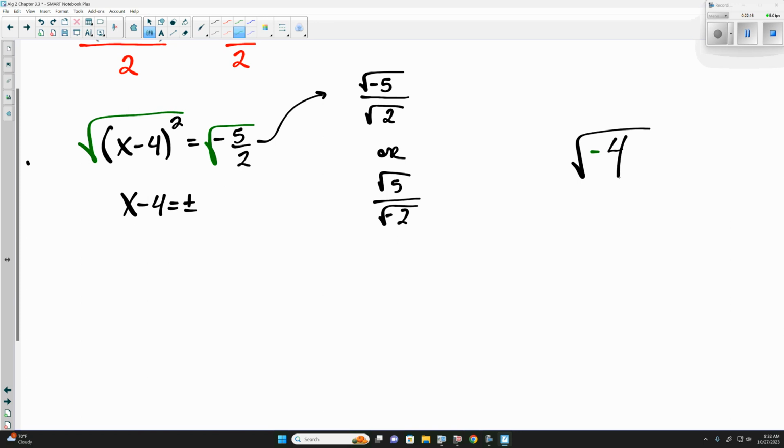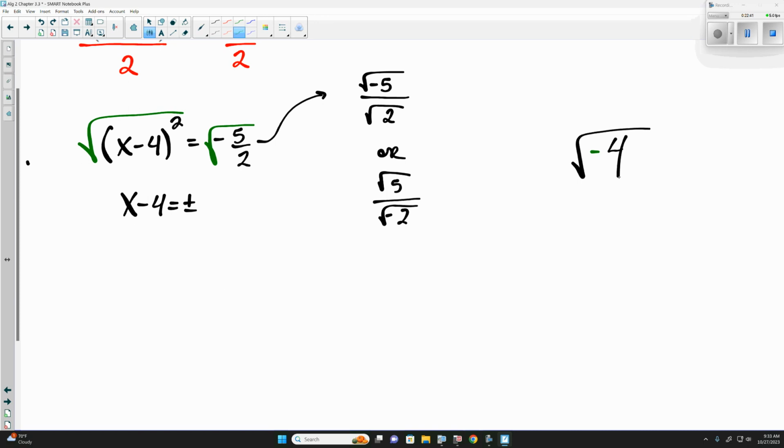So negative 2 or 2, those are our two choices, yes? What's 2 times 2? Well, that's not negative 4, so that doesn't work. What's negative 2 times negative 2? 4. So negative 2 times negative 2 is 4, not negative 4, right? So is it possible to take the square root of negative 4?